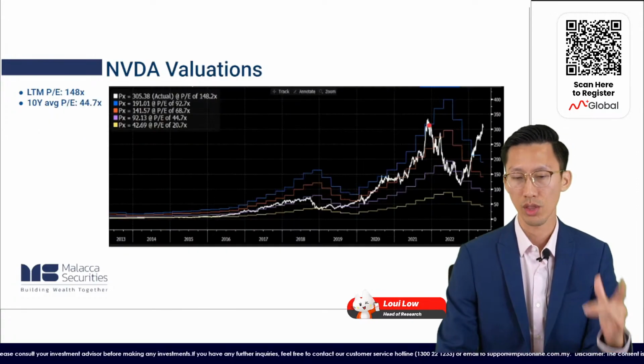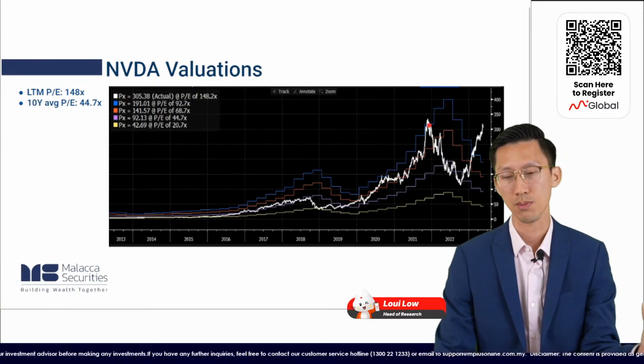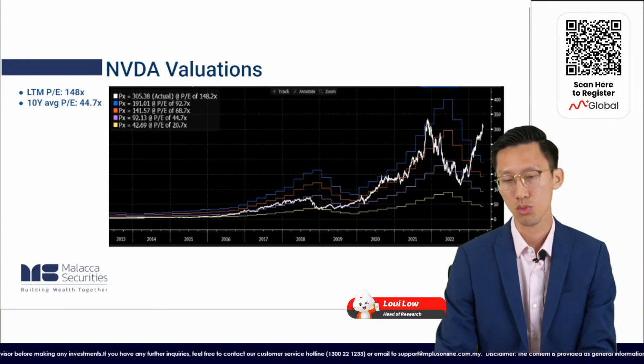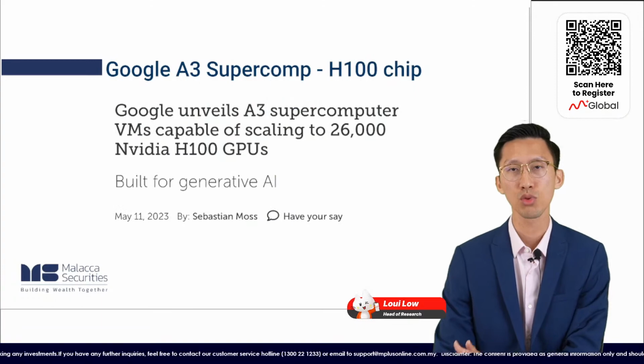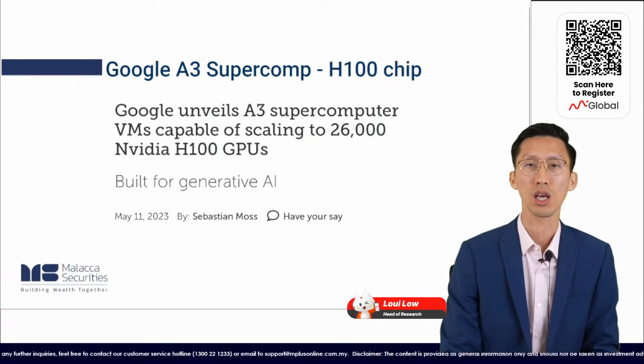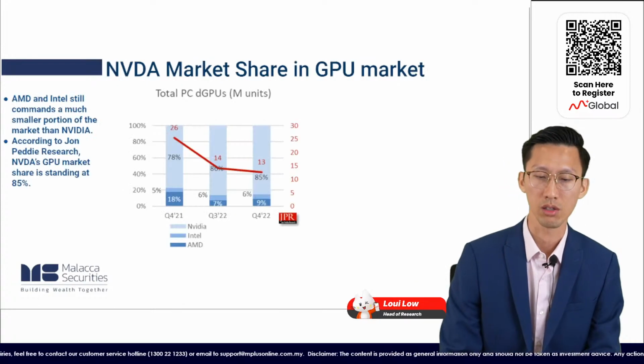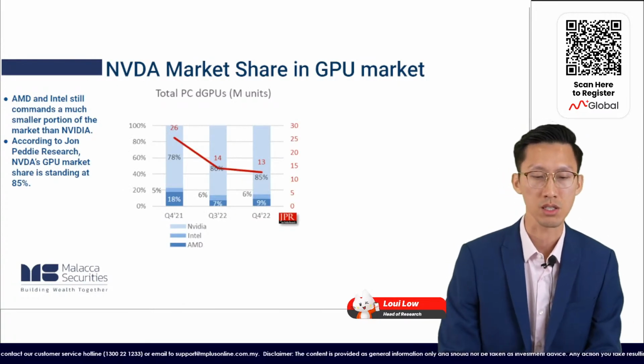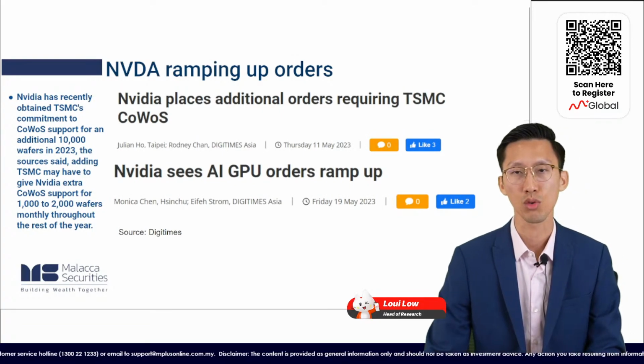Okay, so that is the whole idea here. So valuation is expensive. The chart is looking very stretched. But if you're looking at the long term, 2 to 3 years, perhaps that could be one of the opportunities that we can look at for technology stocks, which is Nvidia, a very powerful and very strong growth counter. Okay.